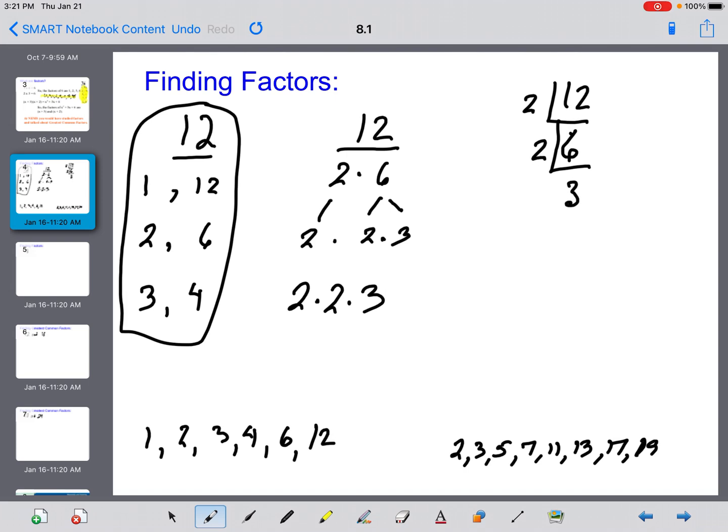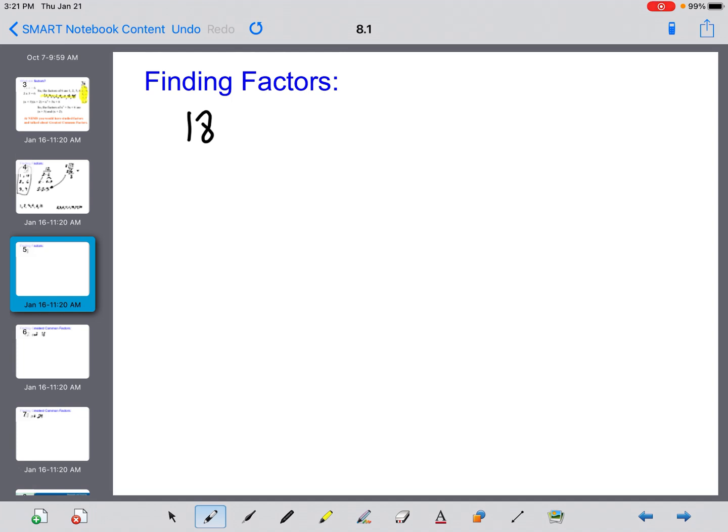The smallest prime number is 2, and 2 goes into 6 3 times. And that is effectively what we have here, doing it a different way. I'm probably going to do it more often this way when we need to do it. It'll be easier for us to look at that way.